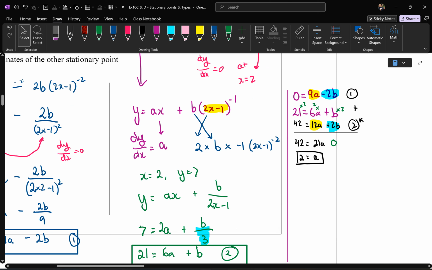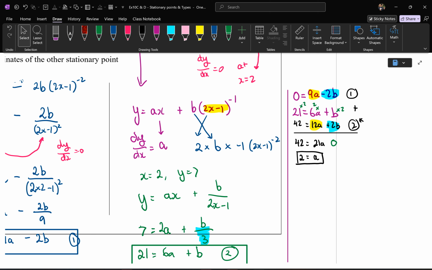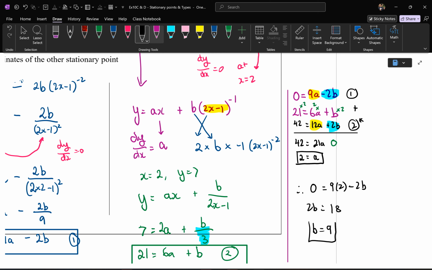Has anyone done it ahead of time and got a equals 2 as well? All right, very good. Therefore, solving for b, if I just sub it back in, so 0 equals 9 times 2 minus 2 times b. What's that? 18 equals 2b, and b must equal 9. Is that correct? All right, sweet.